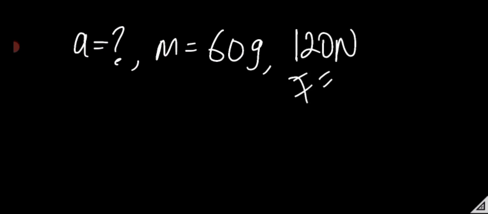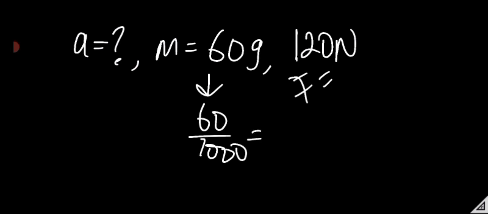So force equals 120 Newton. First of all, this mass, you see that it's not in kg, so we'll make it kg by dividing it by what? 1000. So that will give us 0.06 kg.